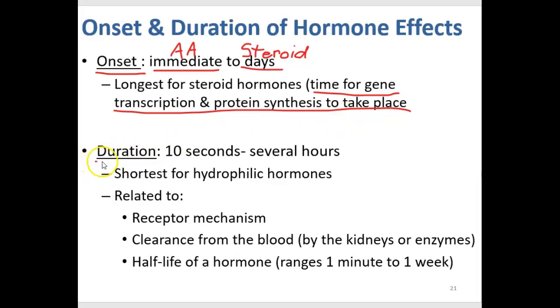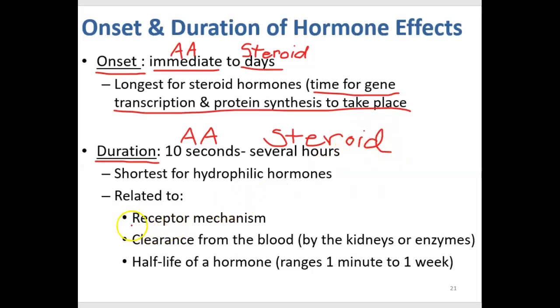But the duration is very short for amino acid hormones, and very long for steroid hormones. So there's a trade-off. If you want to have a long-lasting effect, steroid hormones work best.